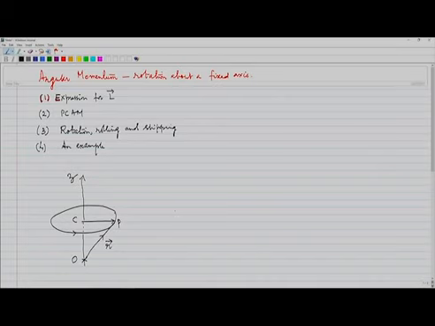So omega is the angular velocity, and m is the mass of the particle. Here we have two things: one is the linear velocity v, and the angular velocity vector also I need to indicate.